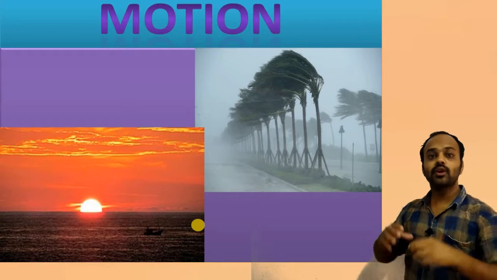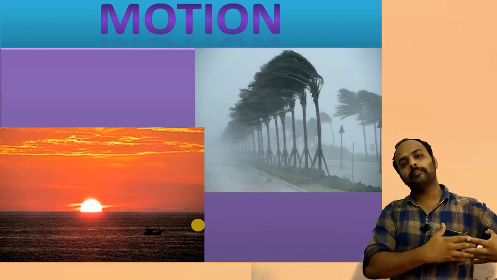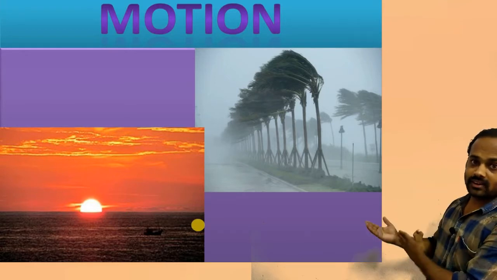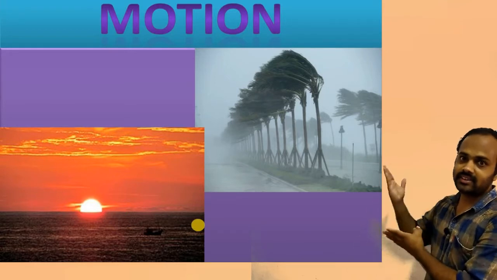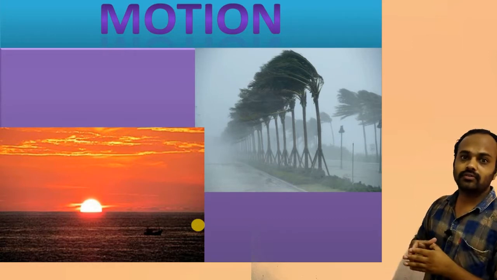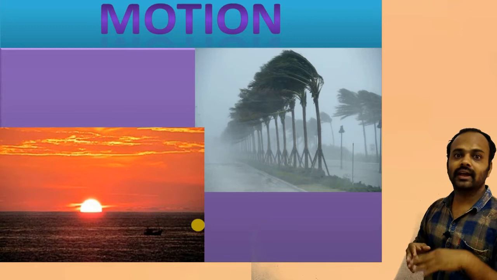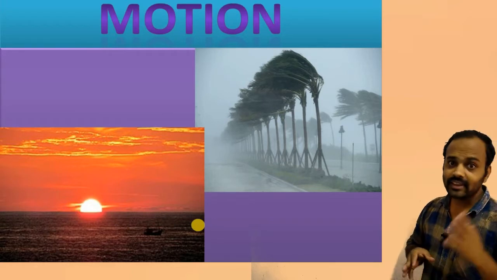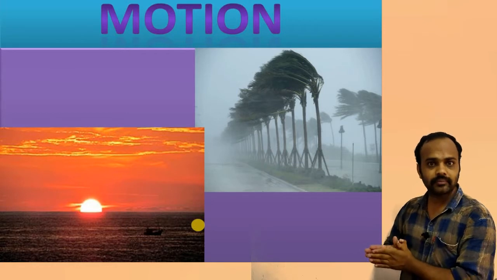And you are looking at the sun. It is sun rising and sun setting. Sun rises in the morning, comes overhead in the afternoon, and in the evening what happens? It sets. Is the sun moving then?